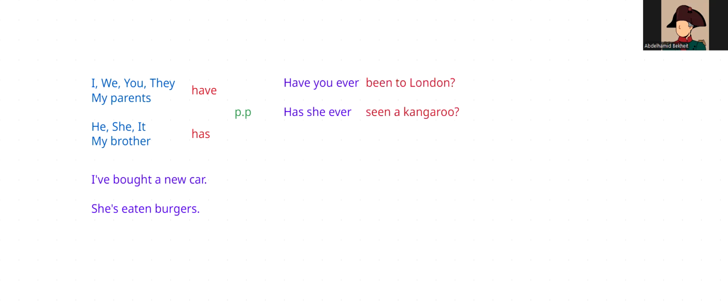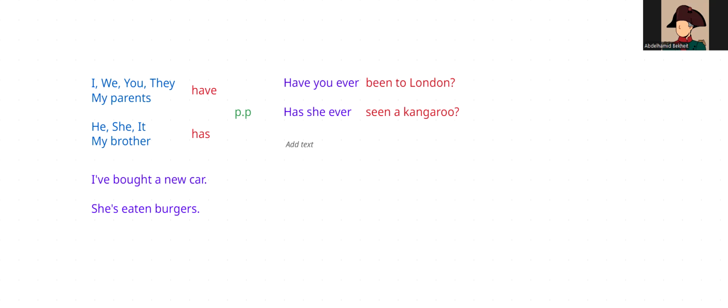We can use never in the answer, sorry. So you can say, I've never been to London. Or she's, it means she has, so she's never seen a kangaroo or a lion.